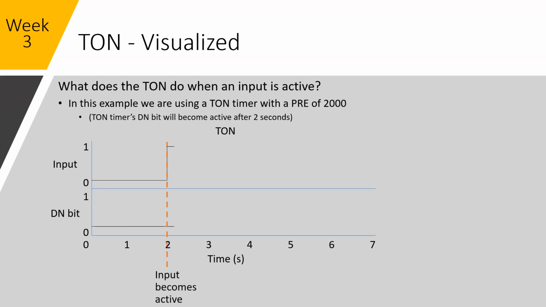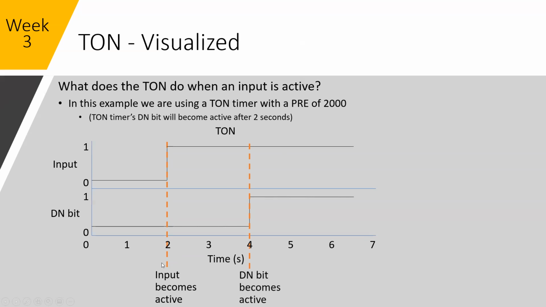When the input is false, the output is also false. Then at 2 seconds here, we can see that the input has a rising edge, or transitions from false to true, and the done bit remains false.